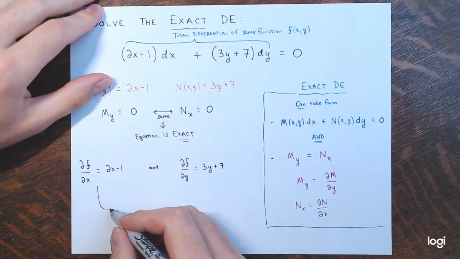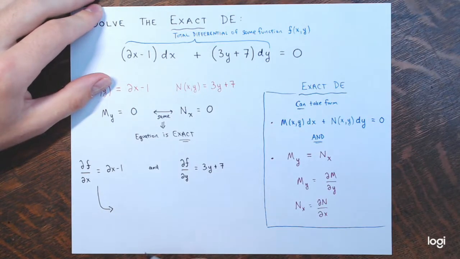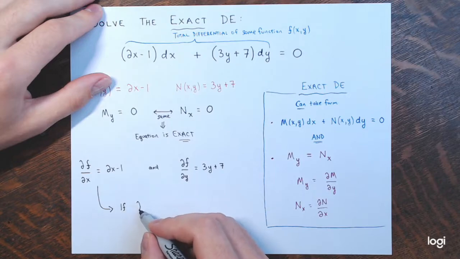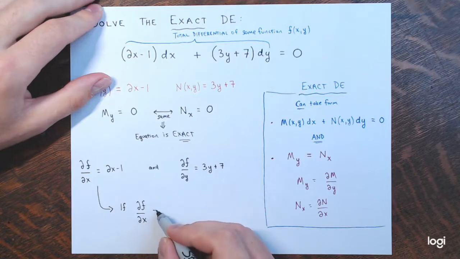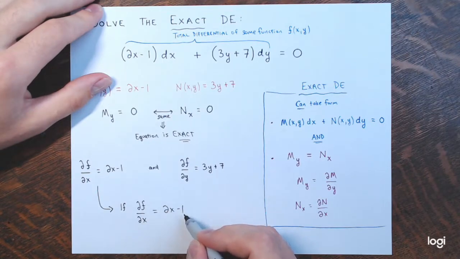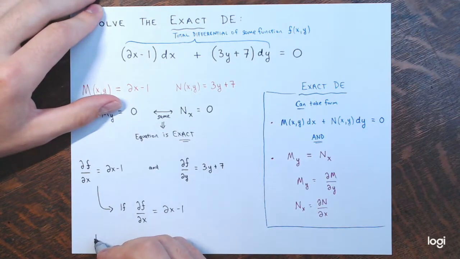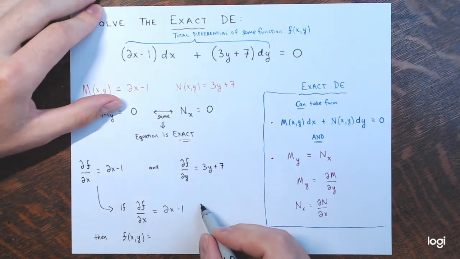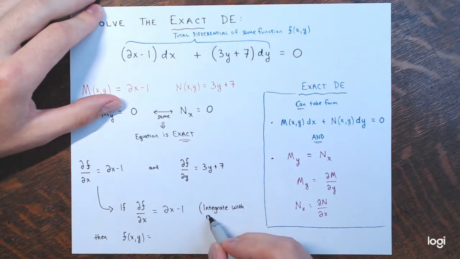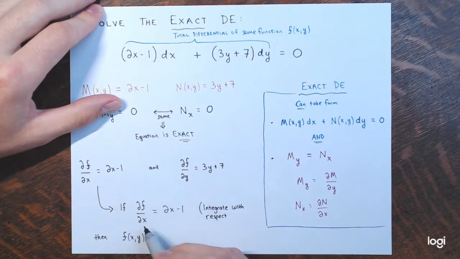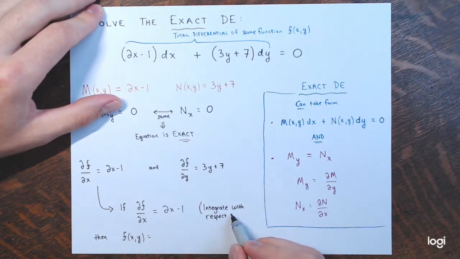Alright, so I'll start with this statement here. If the partial derivative of f, this f we're looking for, with respect to x is 2x minus 1, then that means that f of xy, this function f, is, and then what I'd be doing here is integrating both sides with respect to x, because I have the with respect to x there.